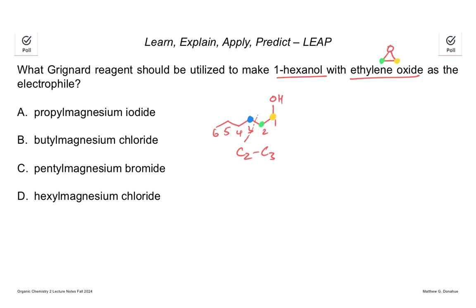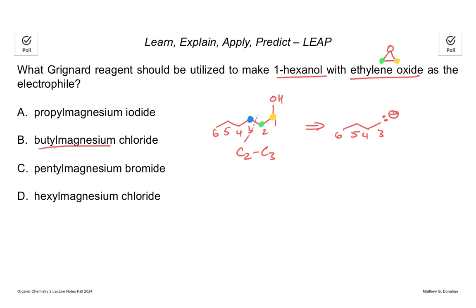So 3, 4, 5, and 6, that's 4 carbons. So we have to have a negative charge there. So with 4 carbons, it has to be a butane derivative.